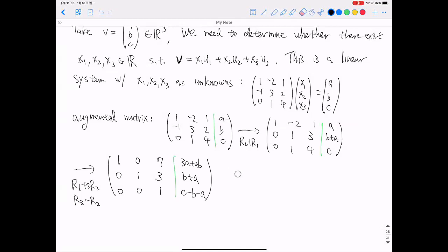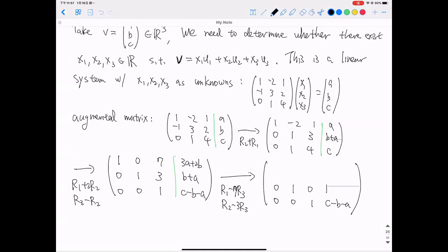Two more operations and we are good to go. R1 minus 7R3, R2 minus 3R3. R3 is unchanged. R2 becomes 0, 1, 0 here.